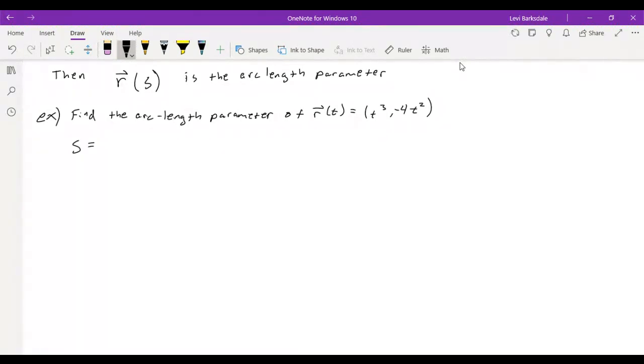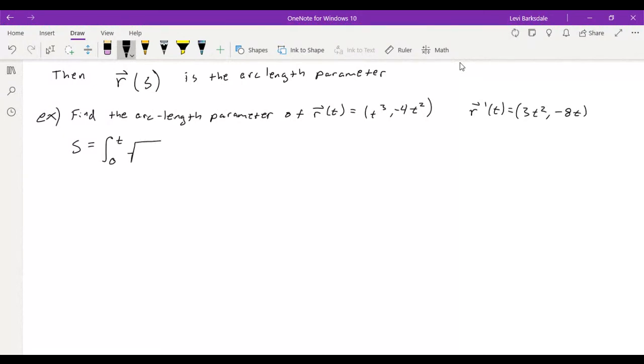Our arc length function would give us the integral from 0 up to t. I'm just finding the arc length function here, of the magnitude of the first derivative. So the first derivative, r prime of t, is 3t squared, negative 8t.